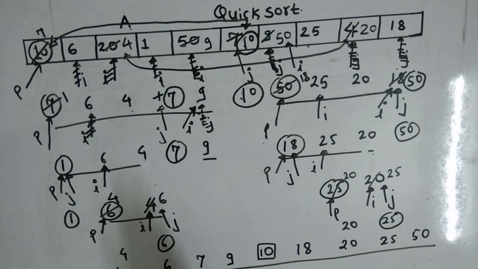And after that, the position of the pivot is the partitioning point. So the array from left index till pivot position minus 1 is the left part, and array from pivot position plus 1 till the right index is the right part. So recursively we apply the same procedure on the left hand side as well as right hand side till we get the left and right hand side sorted.